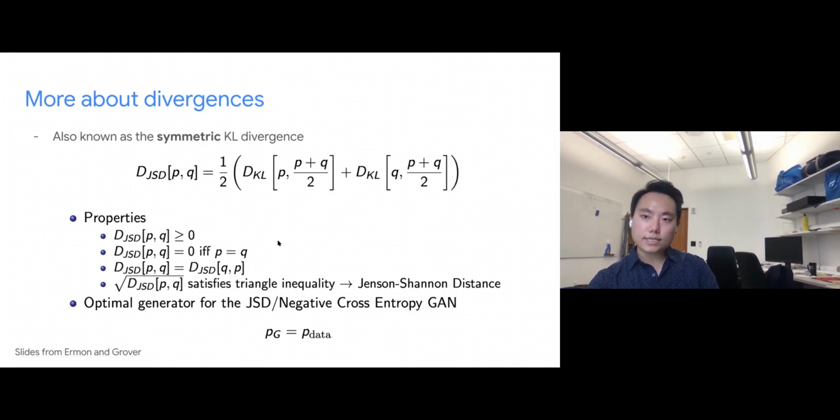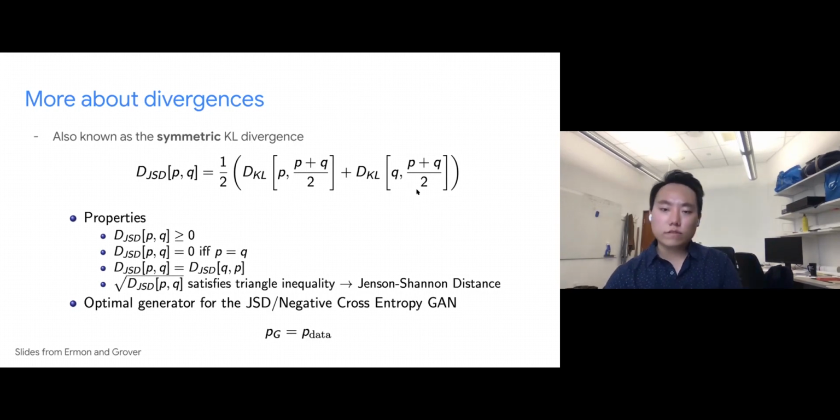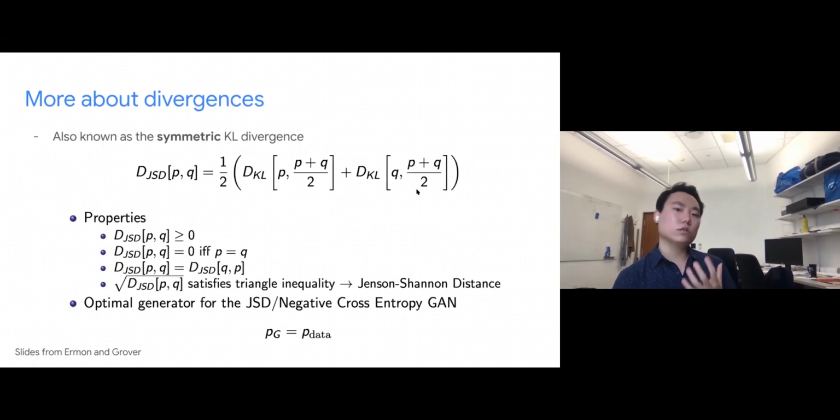There's a bunch of properties here. One interesting thing, as a thought exercise, is why do we use the average of P and Q here? Why can't we just define Jensen-Shannon divergence as a KL between P and Q plus a KL between Q and P, and take the average of those? Again, that relates to the fact that for KL, the support is super important.